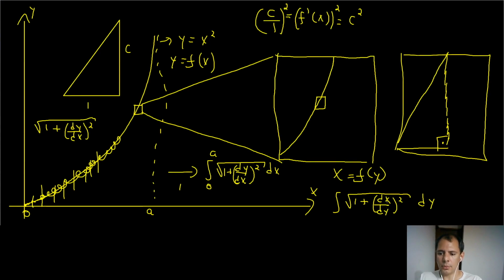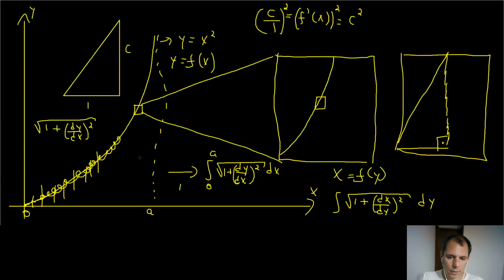Why is it dx dy? Because before, the dependent variable was y and the independent was x, so y varied as a function of x. Here you have x varying as a function of y. So it's not dy dx anymore, it's dx dy. Okay? And then you're going to vary the beginning value of y and the end value of y, whatever it is. Okay, the limits of integration.